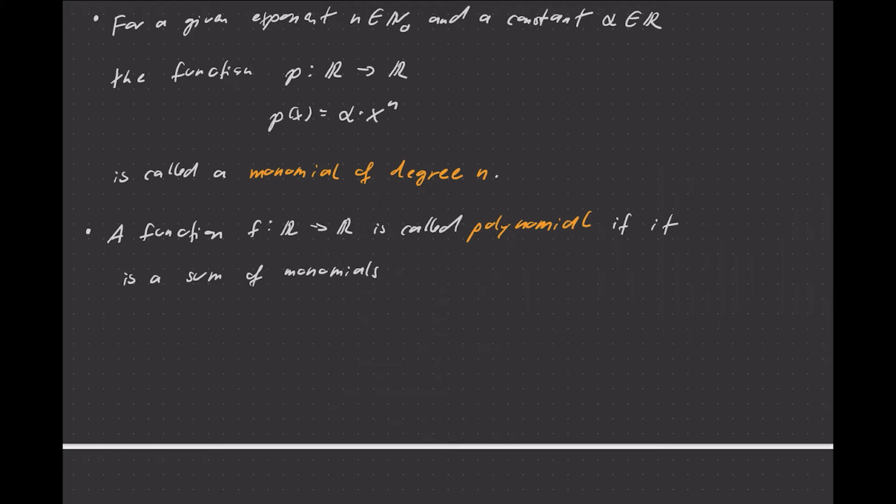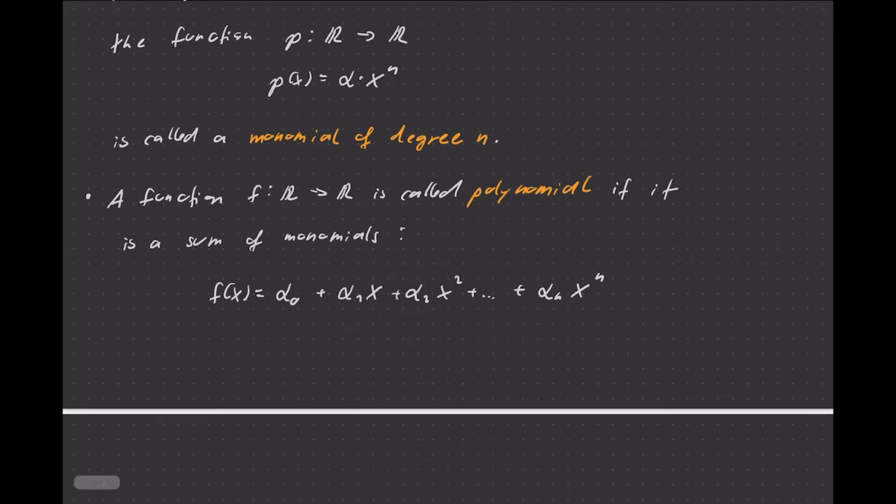And you usually collect those such that the degree of each monomial in the sum is different. So you collect the coefficients for the same degrees together, meaning you have something like f of x equals some constants alpha 0 plus alpha 1 x plus alpha 2 x squared, and so on, up to alpha n x to the n.